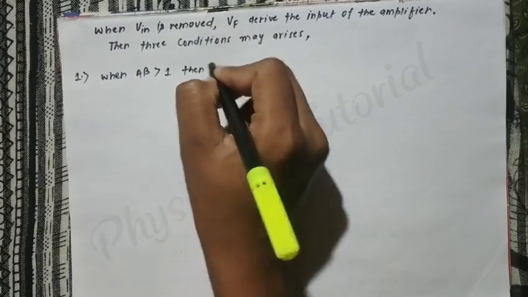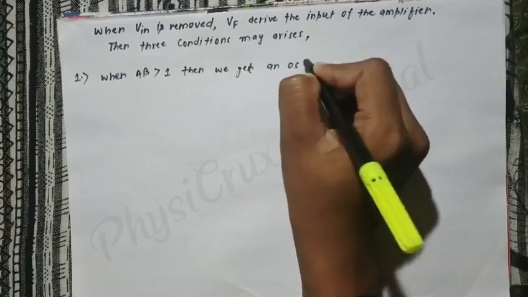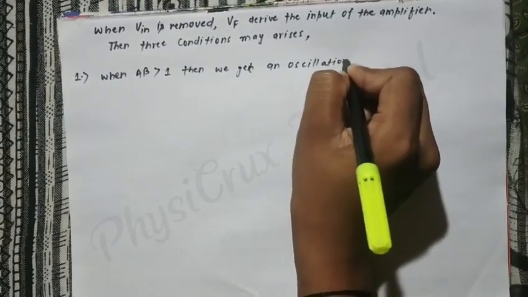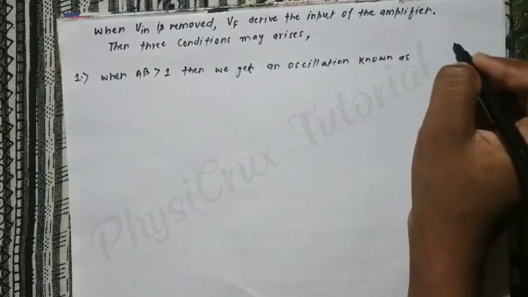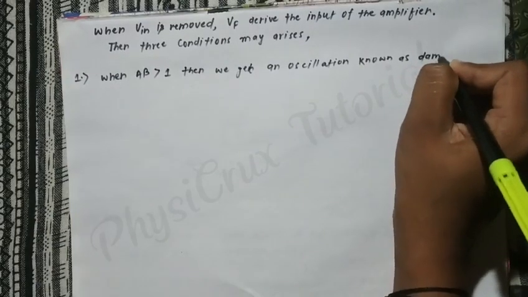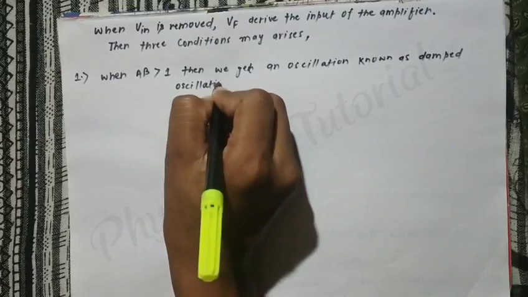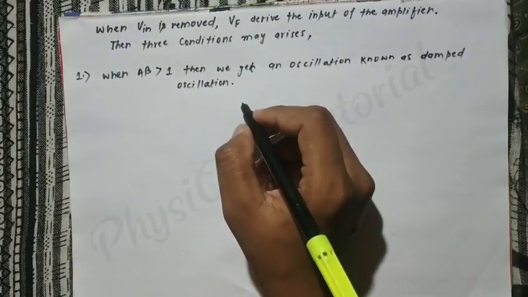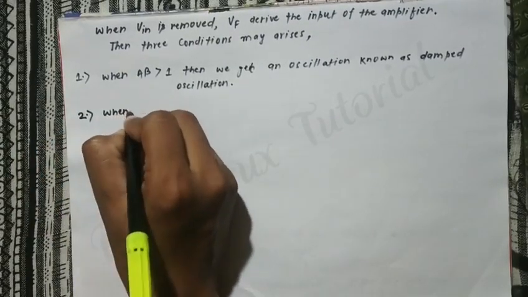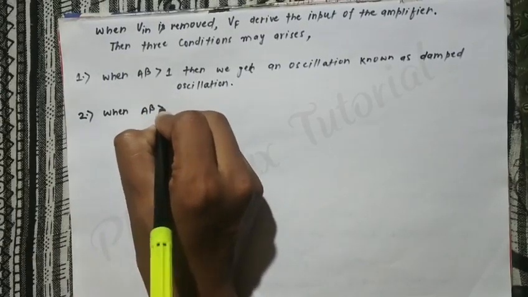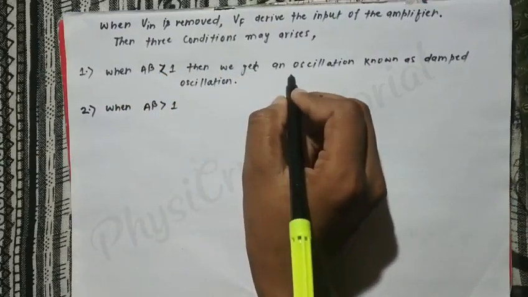So here A beta is less than 1, then we get an oscillation known as damped oscillation.